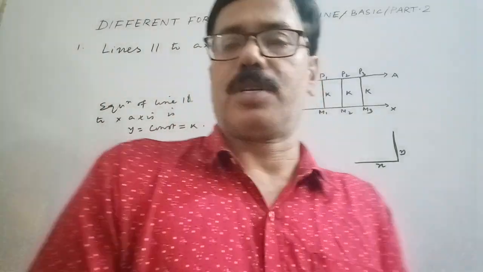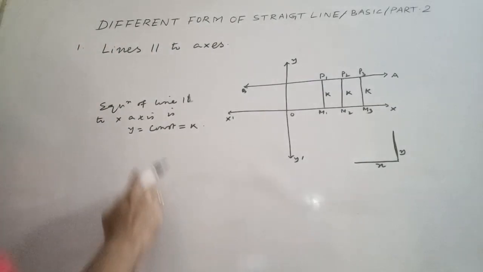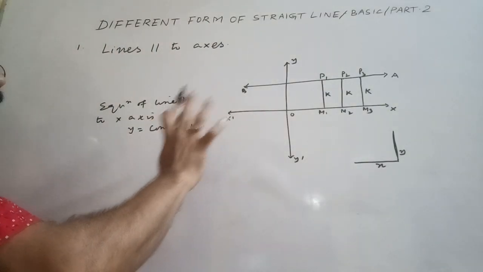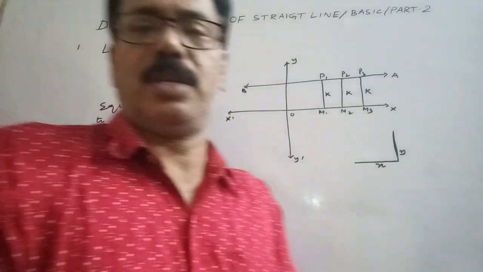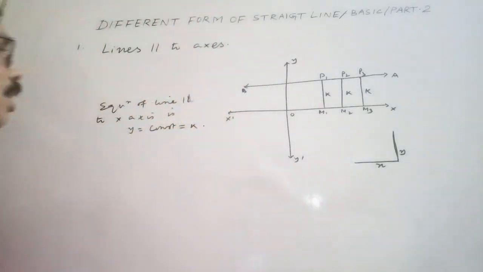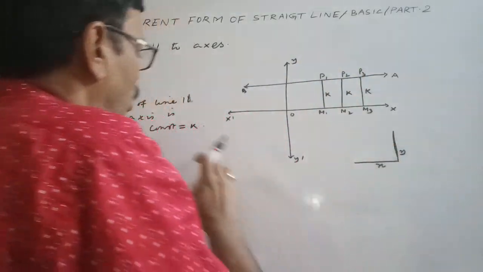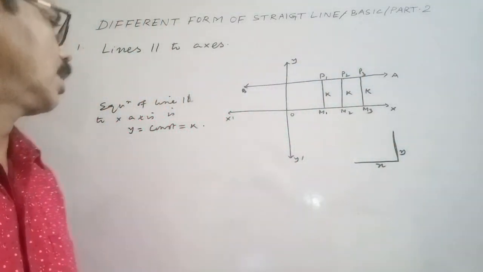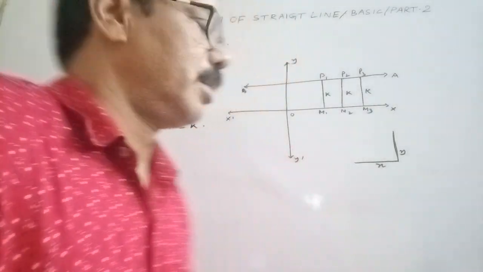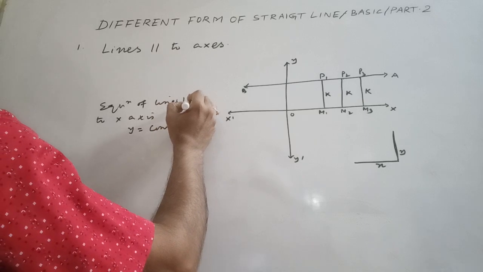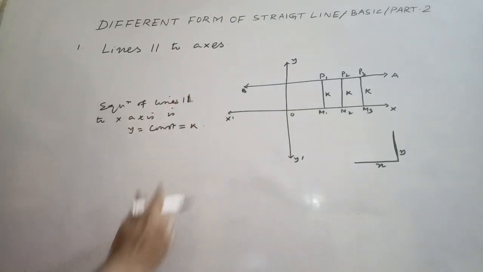You may take any constant c, k as you wish. So you are getting many parallel lines. For different values of k, you get different lines. The equation of lines parallel to x-axis is y equals to k.